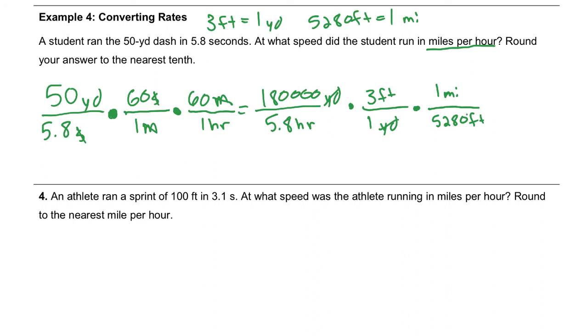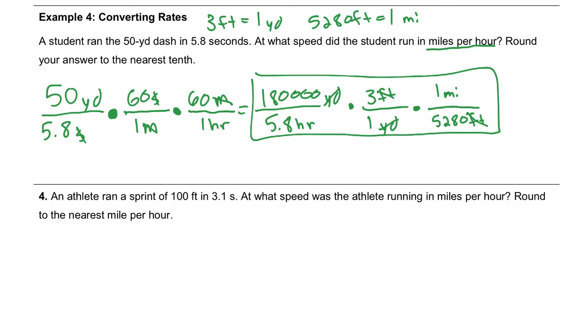Because I want miles, I'm not eliminating miles. So I know I wrote a lot here, but with just this section of what I've got for my work, I'm going to multiply all the top numbers by each other, and then all the bottom numbers by each other, and then I'm going to divide the top by the bottom.